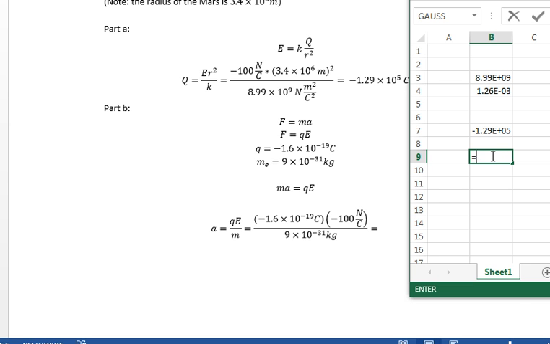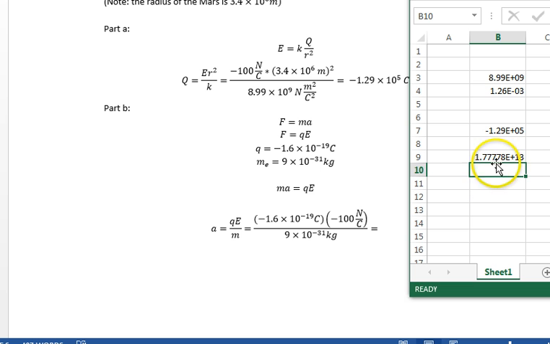It is minus 1.6 e minus 19 times minus 100 divided by 9e minus 31. Just looking to see if that makes sense, because this would be like 10 to the minus 17 over 10 to the minus 31.